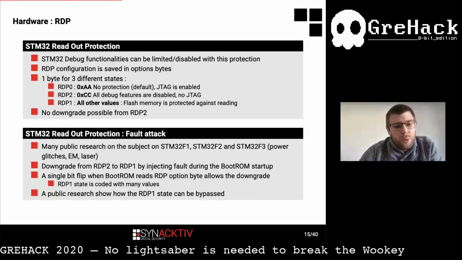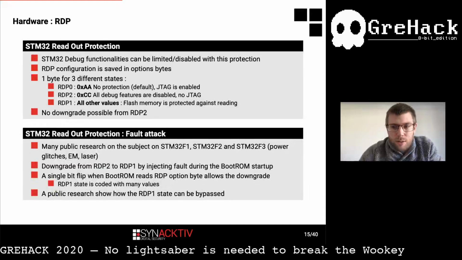In RDP2 state, all the debug features are disabled, so there is no JTAG and no way to read memory. And RDP1: in RDP1, the flash memory is not readable, and the flash memory is where the Wookey stores encrypted secrets.